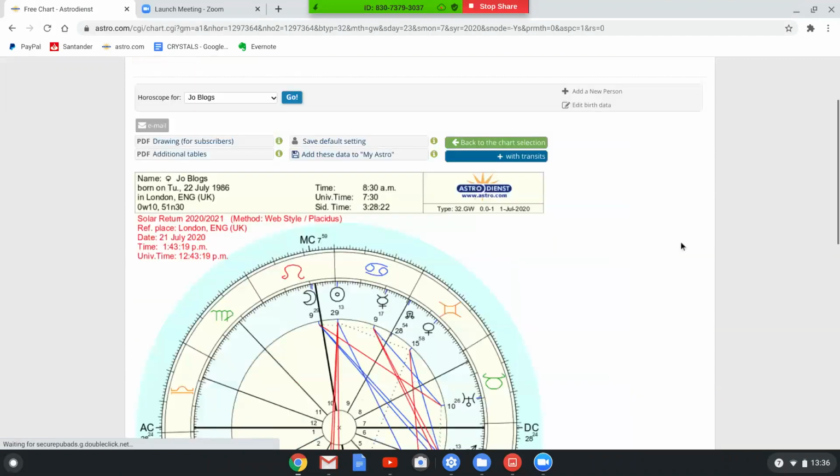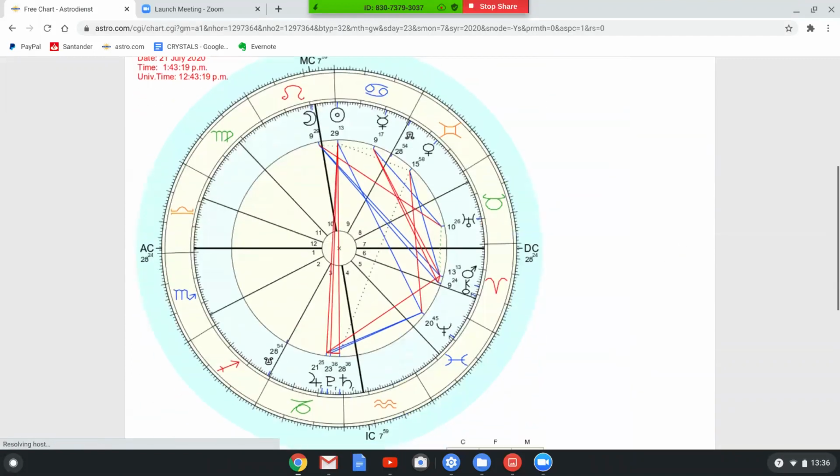So this looks nothing like your natal chart. If you remember, you were Virgo rising and you had Sun and Mercury here and whatever else. So that's the whole point. The solar return chart is essentially your birthday new year. And I find them so helpful, like an add-on, like an extra understanding.